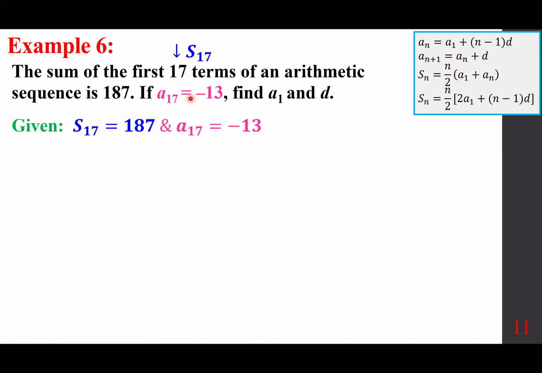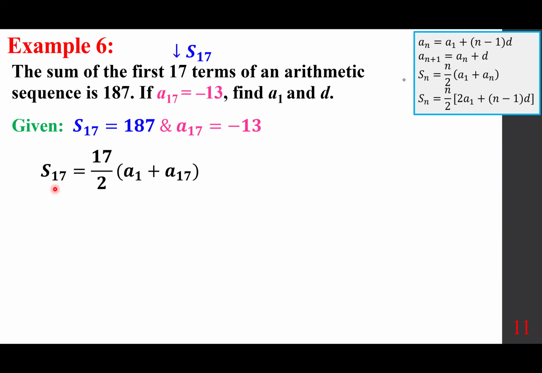So with that being the case, we can use S sub n, this formula or this formula, because this one is given, we're going to use this one, and we're going to say S sub n equals n over 2 times a sub 1 plus a sub n. And for n, we are going to use 17.